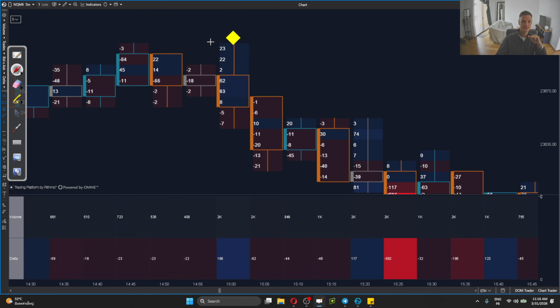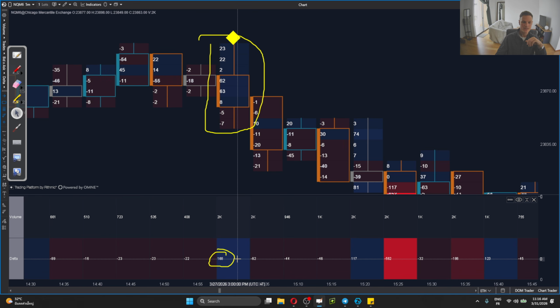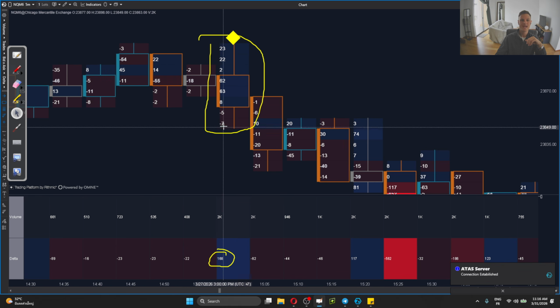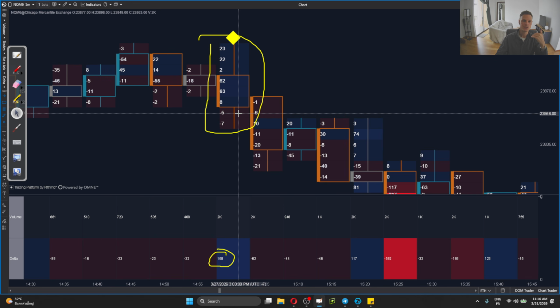We have a pretty decent sized red candle, not huge, but decent sized. Look at the delta here: 168. That's a pretty strong positive delta. If you looked at the numbers before, minus 89, minus 16, we did have some divergences in this area, by the way, but let's not focus on this for now. We had a very strong positive delta within that context, and yet we got a red candle, a bearish candle.